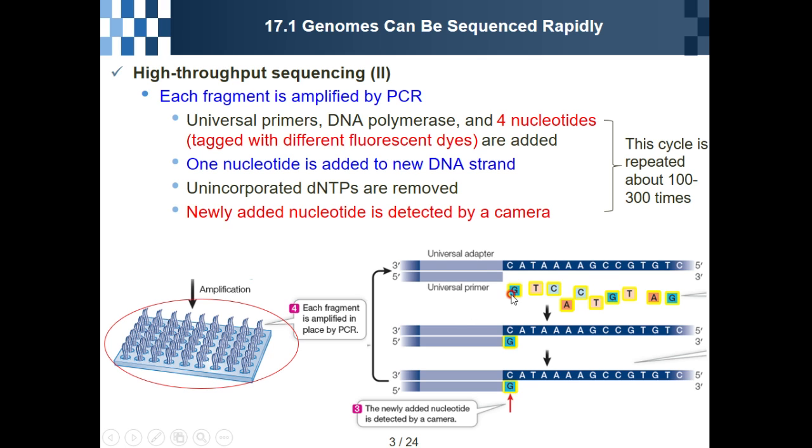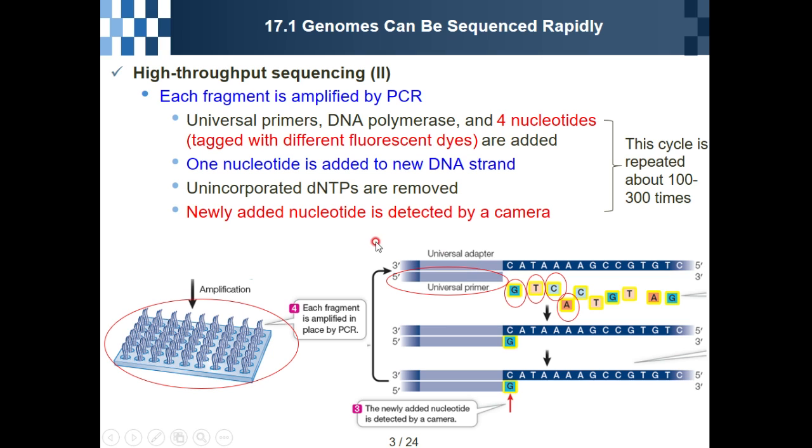For example, guanosine is blue, thymine is pink, cytosine is also blue, and adenosine is another color. So we add universal primer and DNA polymerase, and after that 4 nucleotides tagged with different fluorescent dyes.